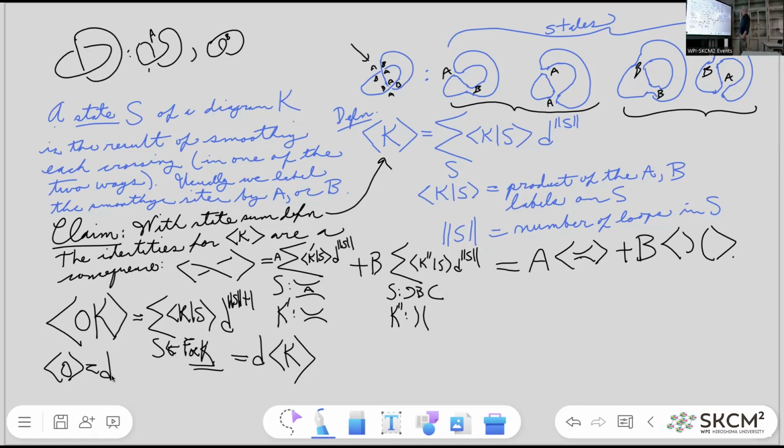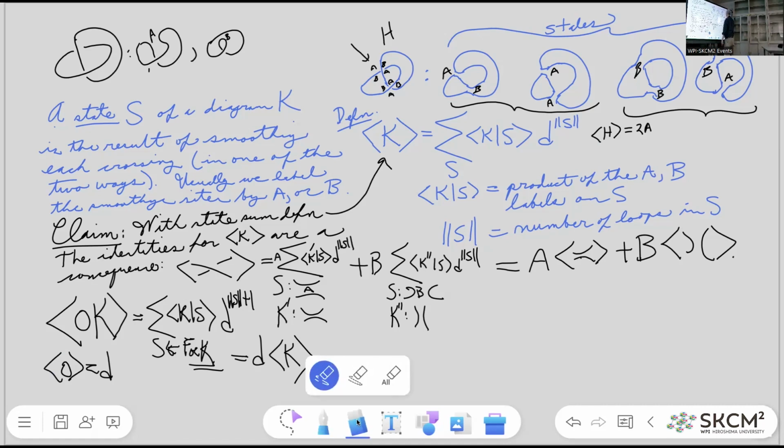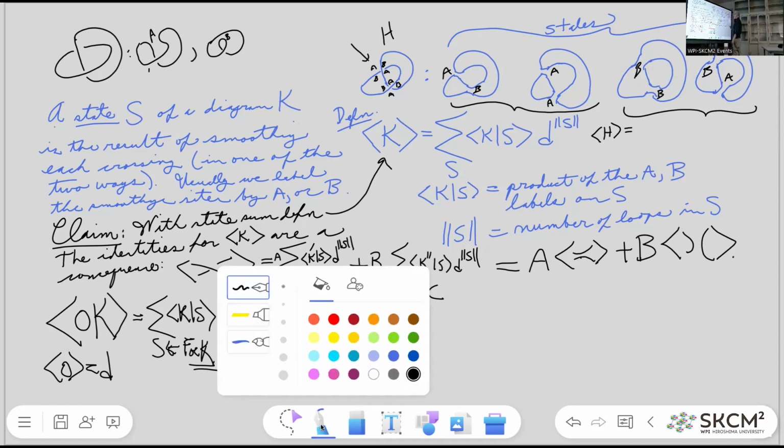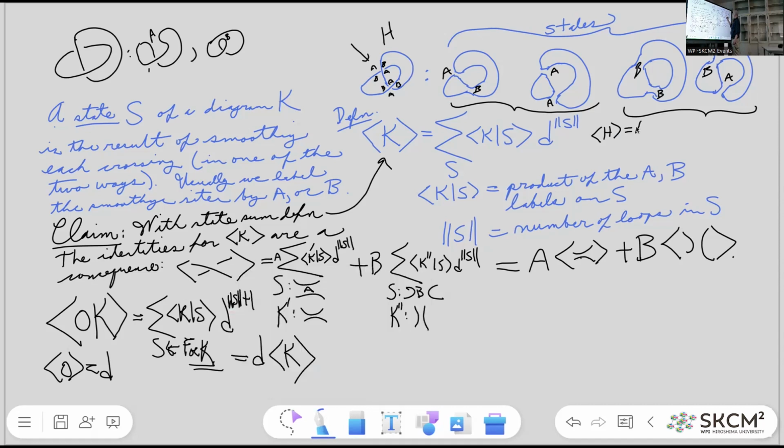And if we wanted to, we could calculate this way. Let's see what happens if we calculate it this way. Here, let's call this half. And let's calculate half. So according to the state sum, I get AB and BA, so I get 2AB. Oh, I'm sorry, that's incoherent here. Let's do it according to the definition. I get ABD.